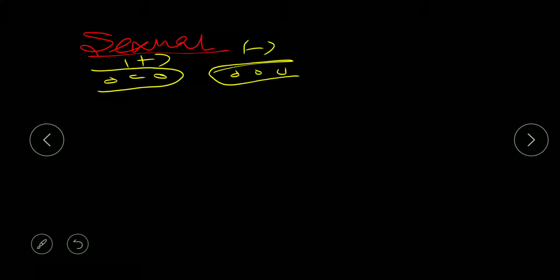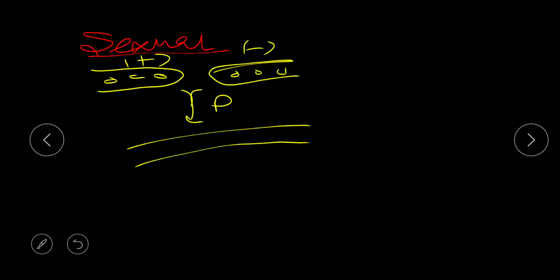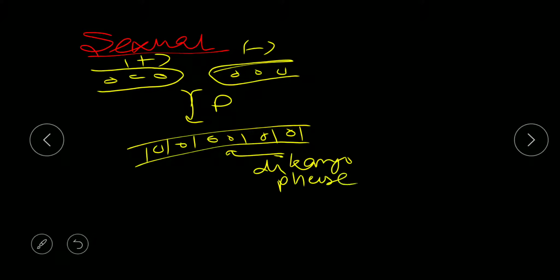These two fuse and carry out plasmogamy. When plasmogamy occurs, you will see this type of condition with two nuclei, and it is known as dikaryophase or dikaryotic condition.